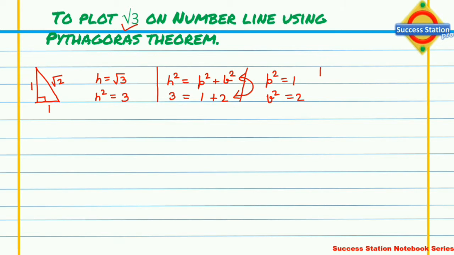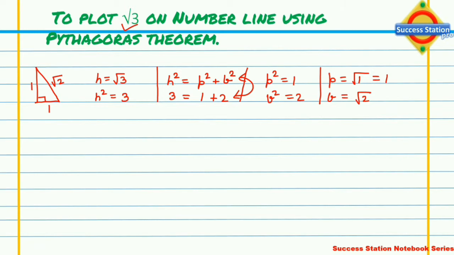So because p square equal to 1, what will be p? P equal to under root 1, which is also equal to 1, and b equal to under root 2. So if the base of the right angle triangle is root 2 and perpendicular is 1, whatever right angle triangle we get, the hypotenuse of that right angle triangle is root 3.